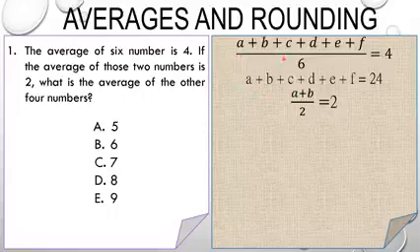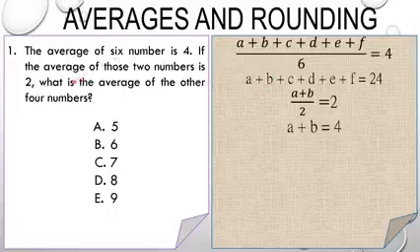So, yung una natin, we did divide by 6 kasi 6 yung numbers na in-add natin to obtain the average 4. Okay? So, here naman, we divide by 2 because we're adding only two numbers, which is your A and B, to obtain the average 2. Okay? Then cross-multiply again. Therefore, A plus B is equal to 4. Ibig sabihin yung value ng A at saka ng B is equal to 4.